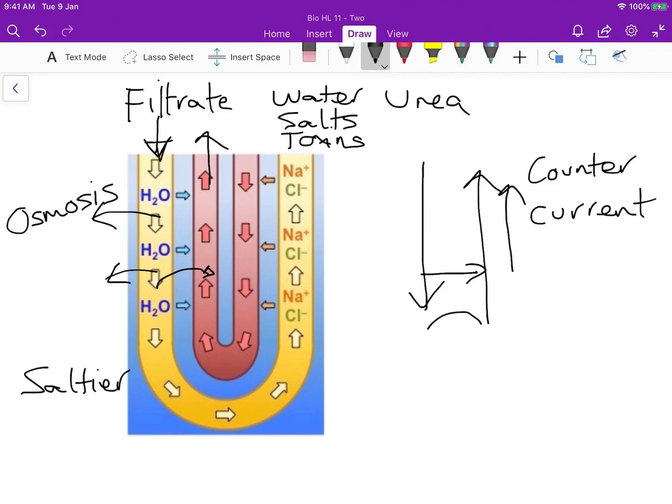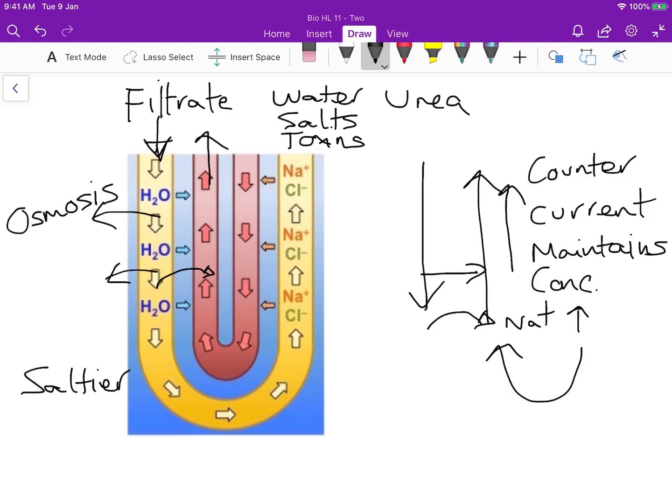As soon as sodium moves across into the blood, and perhaps the concentration of that part of the blood would go up, then it moves along, and now we get more fresh blood coming along. So the countercurrent maintains the concentration gradient.